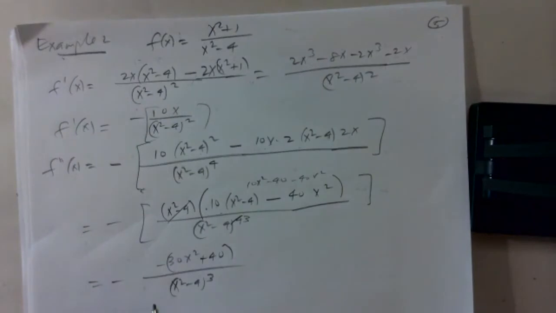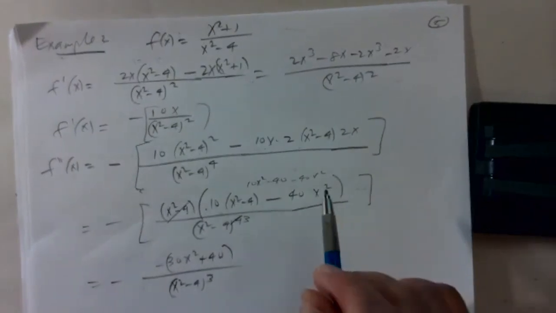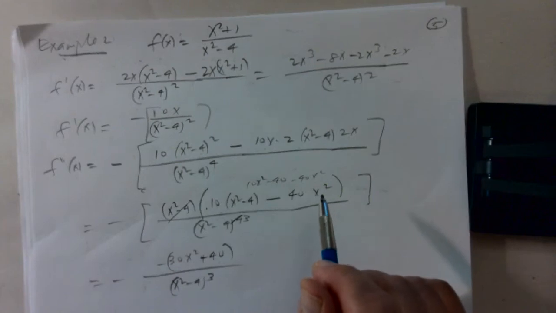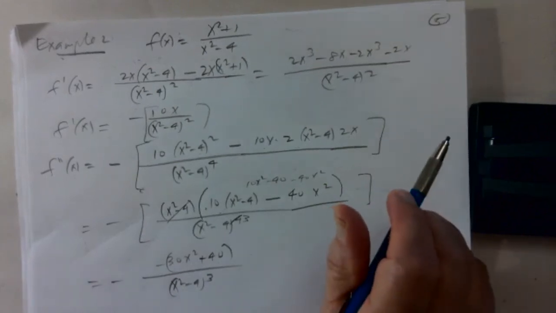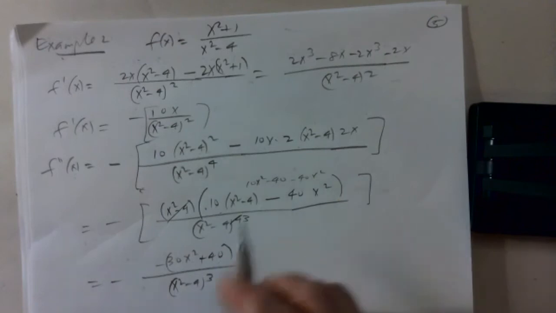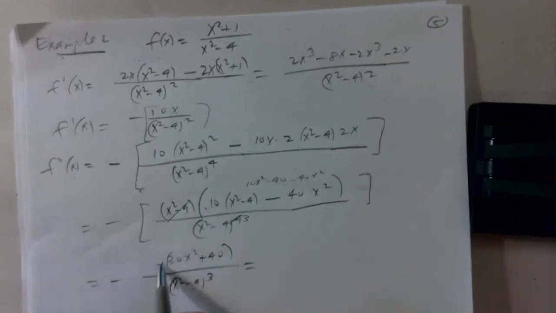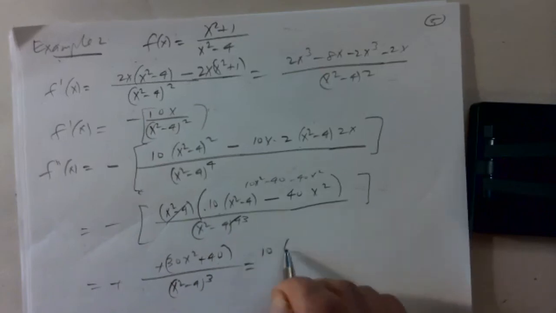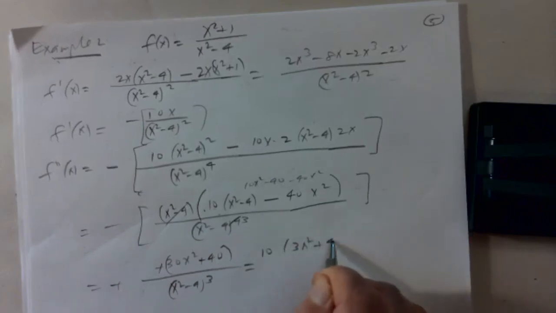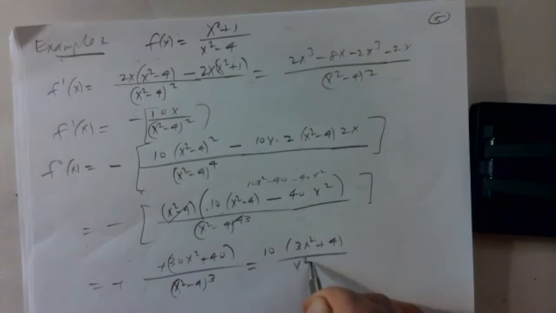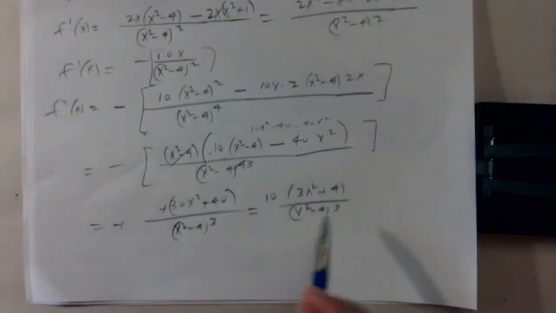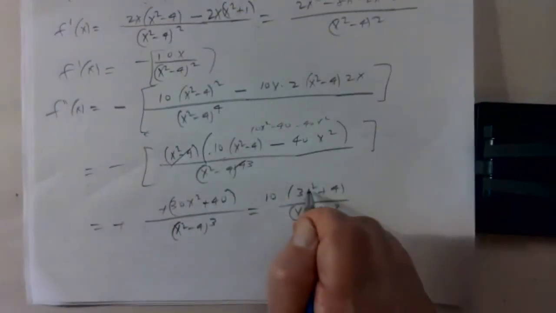Oops, did I do that right? I think I'm off by something. No, looks okay. So these cancel. I can factor a 10 out of this. This is 10 times 3x squared plus 4 over x squared minus 4 cubed. Okay, so this is the expression we have to analyze.